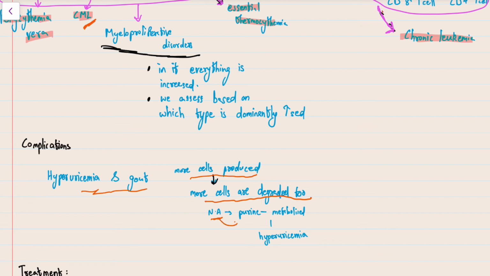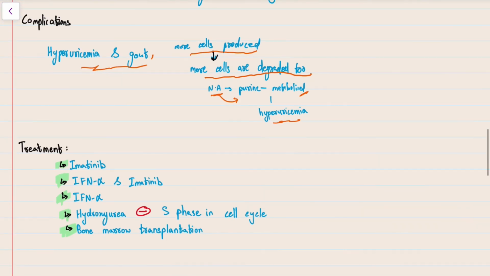Nucleic acids have purines and pyrimidines. When purine undergoes metabolism, it produces uric acid, and that deposits in the blood and causes hyperuricemia, and that uric acid goes into the joint cavities or joints and accumulates over there, causing gout and all.